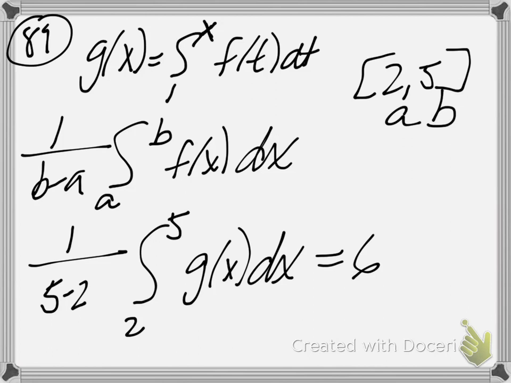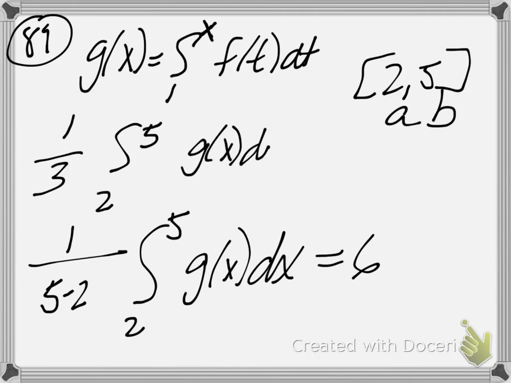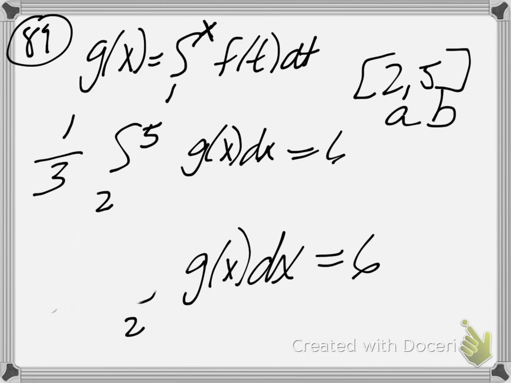Okay, so I'm just going to make some room here. Okay, so 5 minus 2 is 3, so we're going to just simplify this a little bit, and get that. Move it up.